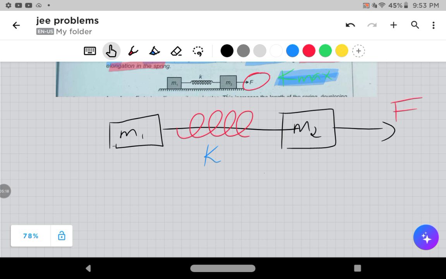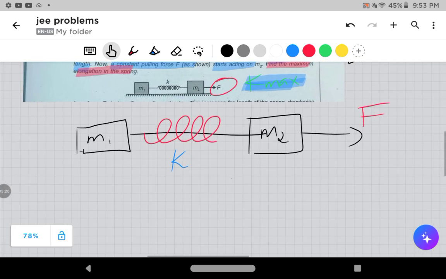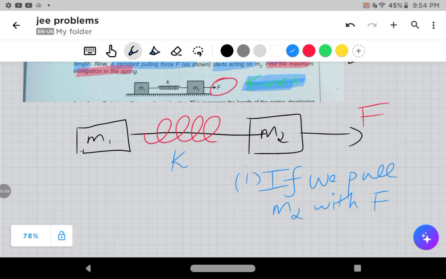The concept involved here is this: if we pull M2 with force F, it accelerates in the direction of the force.